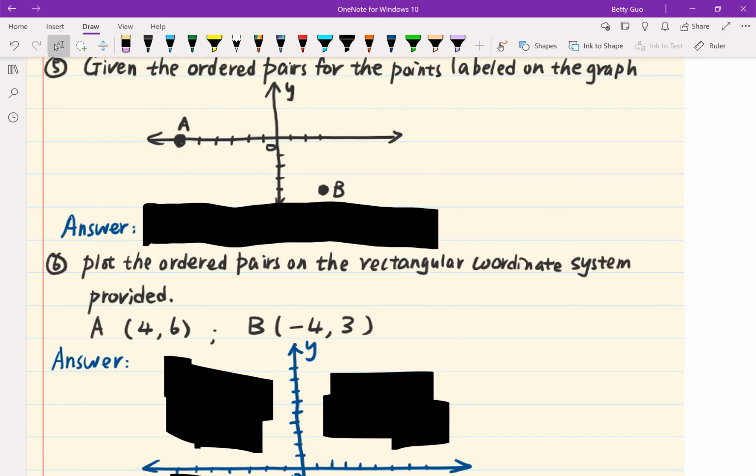All right, let's see number 5. Point A. Can you identify the coordinates for point A?